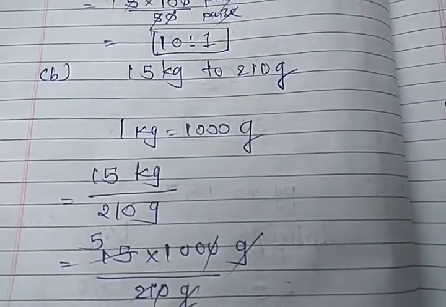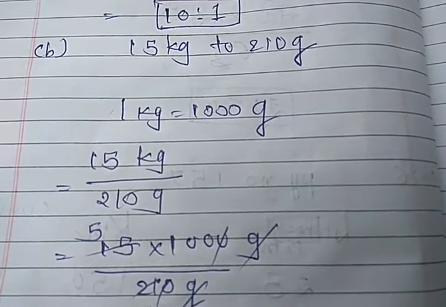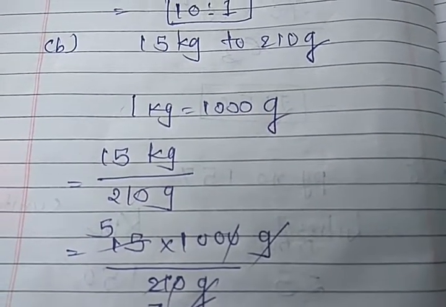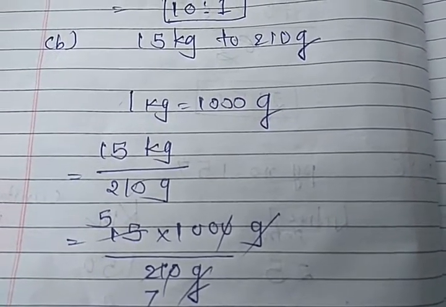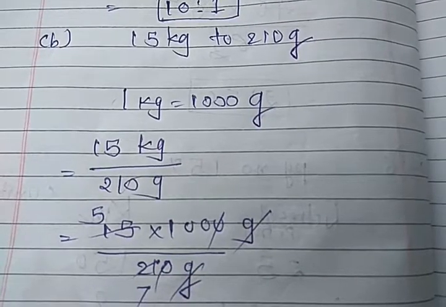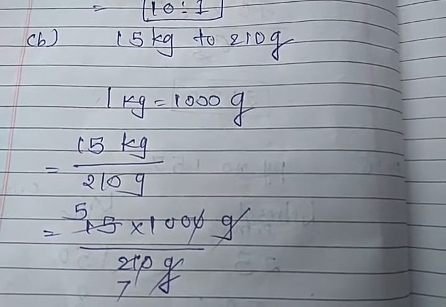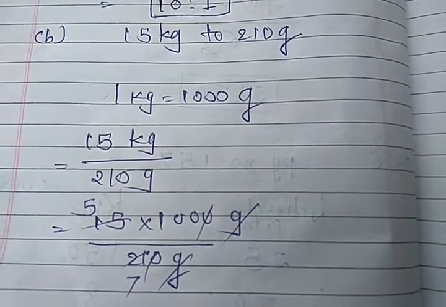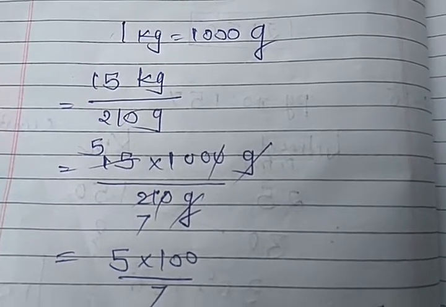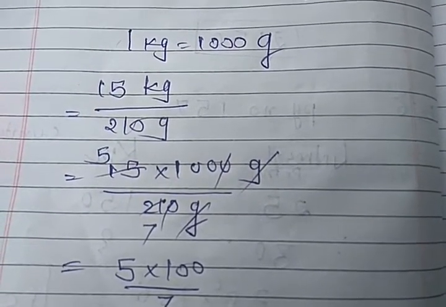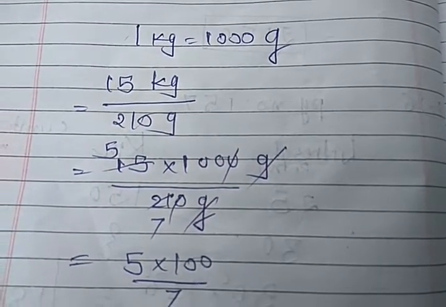Next. Like this way you can find out 15 kg to 210 gram. So as per our concept, convert bigger to smaller, so our problem is easy to solve. So 15 kg is to 210 gram means 15 kg upon 210 gram. As we know that 1 kg is equal to 1000 gram. So 15 multiplied by 1000 gram upon 210 gram. Gram cancel, 0 cancel.